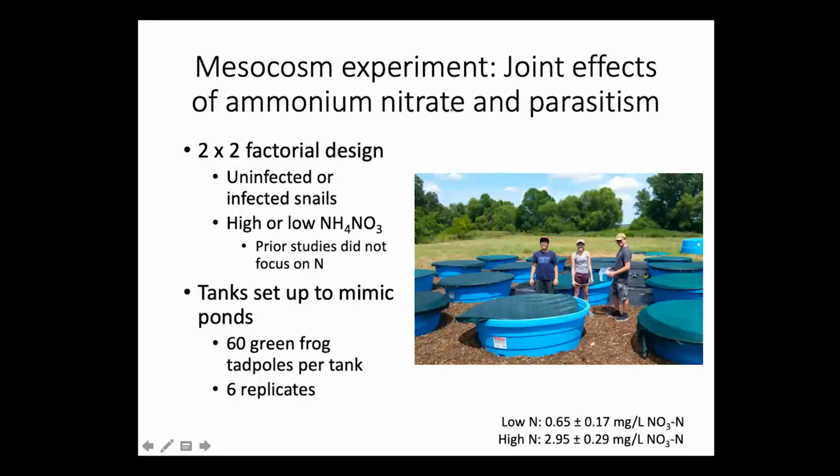We added ammonium nitrate, and we also manipulated the presence or absence of parasites by including infected or uninfected snails. We set these up basically to mimic natural ponds, adding zooplankton, phytoplankton, and leaf litter as substrate, and then we added tadpoles to each tank to see the combined effects of added nutrients as well as exposure to parasites or not.